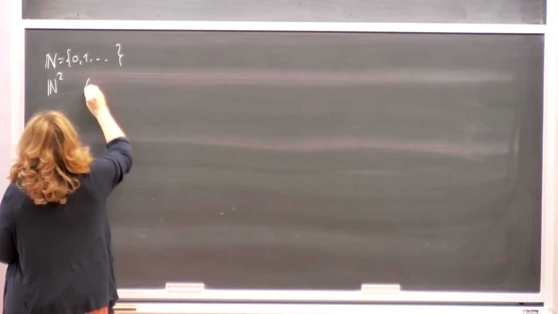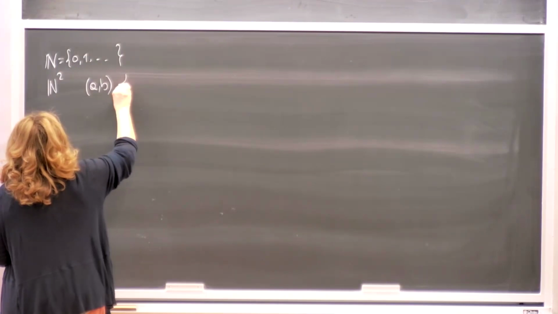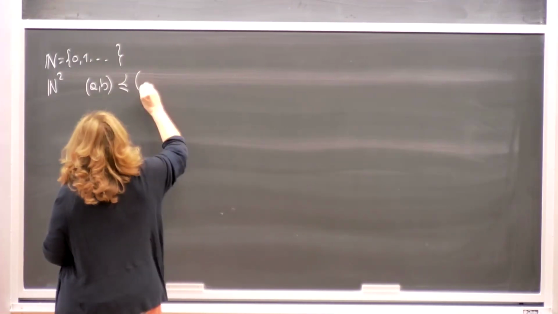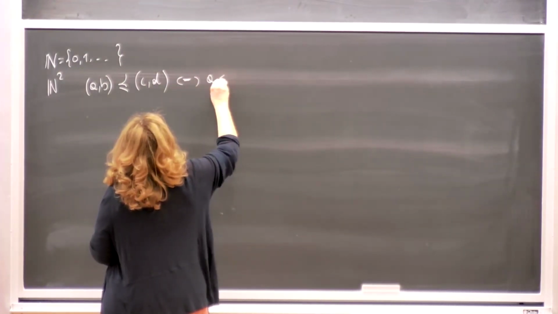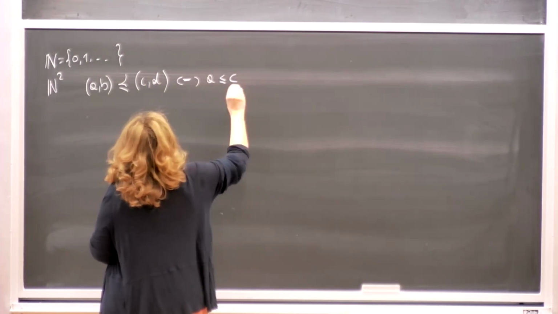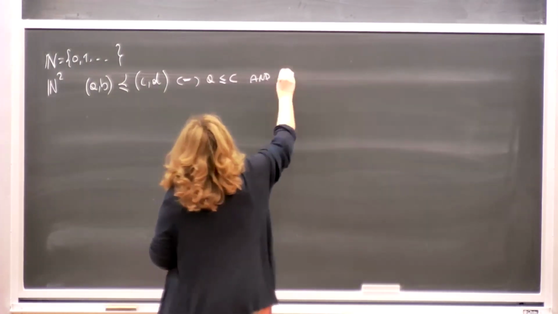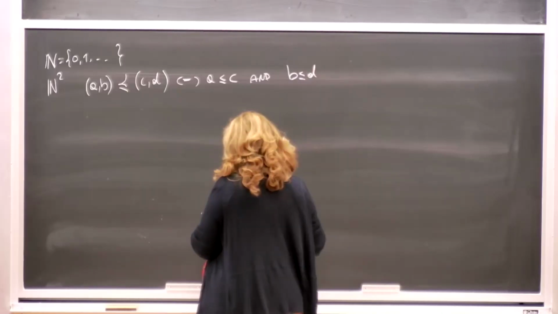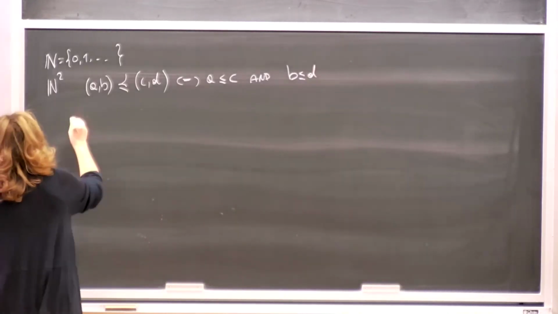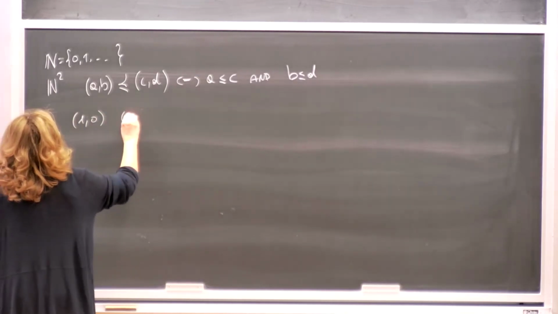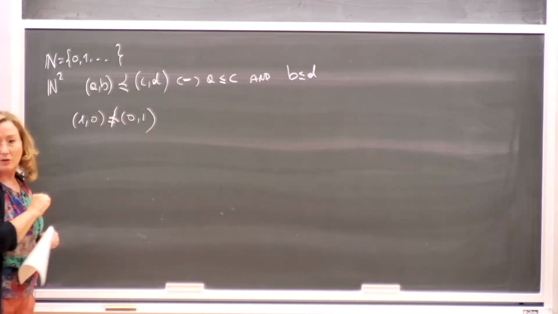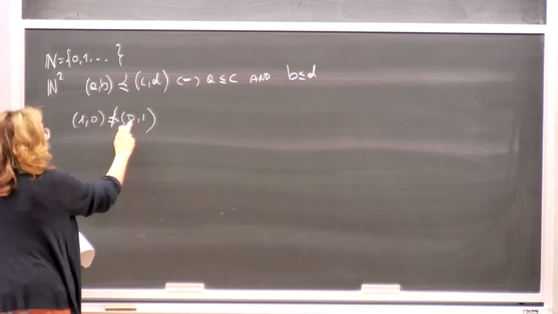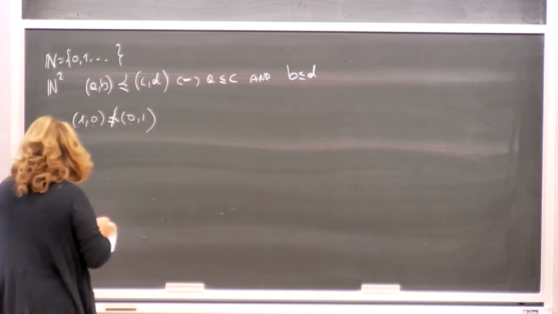My order is that a pair (A,B) is less than or equal to (C,D), as usual, if and only if A is less or equal than C and B is less or equal than D. So for you, are these comparable? No, they are not comparable, because this is bigger than this, but this is not bigger than this.